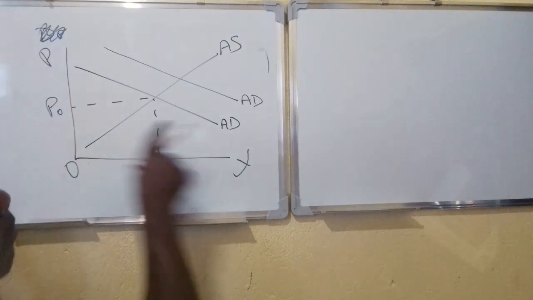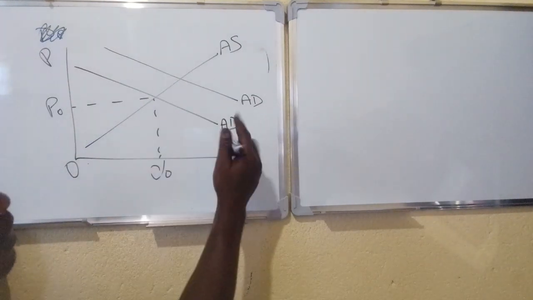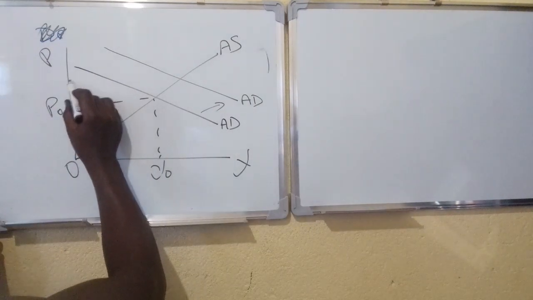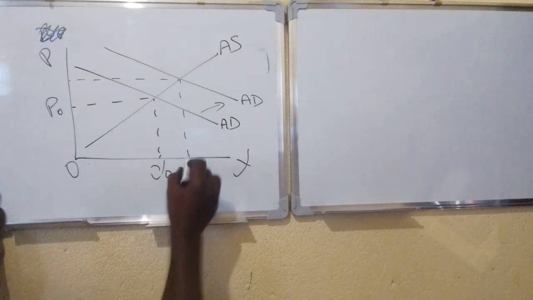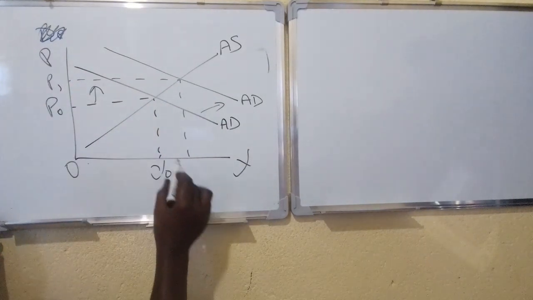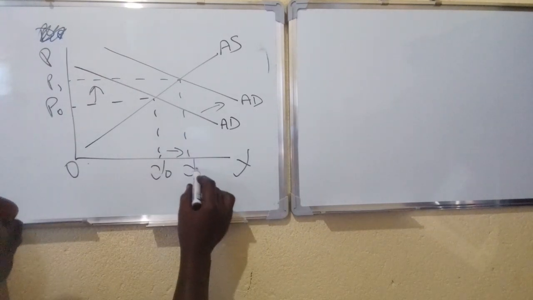Remember when we were showing the ADAS model, we said when there's an increase in government expenditure, the AD curve will move to the right. Look at what has happened. It has caused inflation. It has caused prices to go up, even as production levels and income go up as well. Okay?